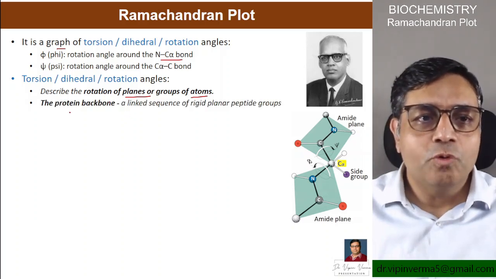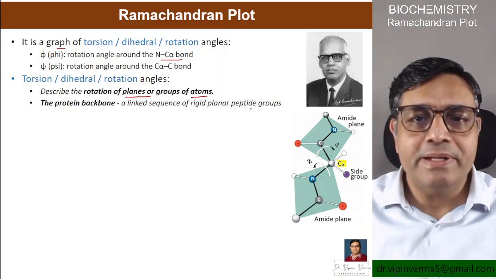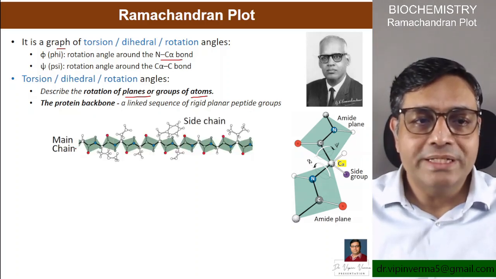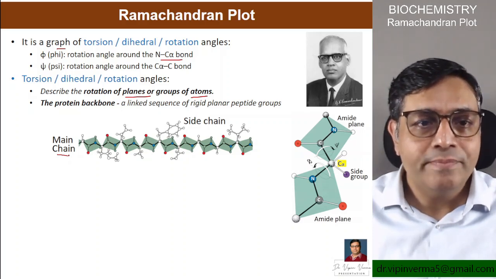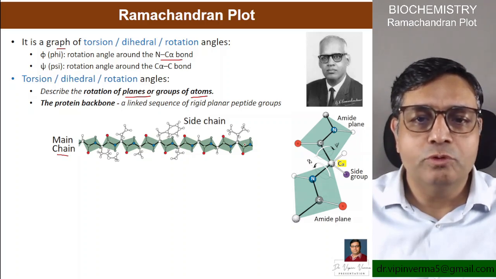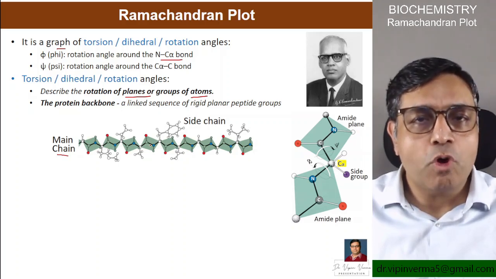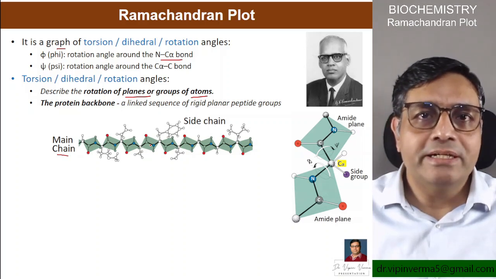And you know that the protein backbone is a linked sequence of rigid planar peptide groups. So you can see here this is the main chain, we call it a protein backbone, and this is a linked sequence of rigid planar peptide groups. So the green color planes you can see are rigid, because peptide bonds cannot be rotated. Why?